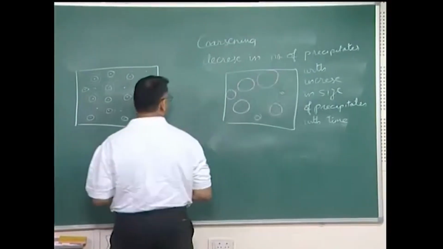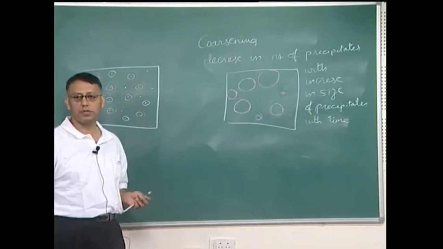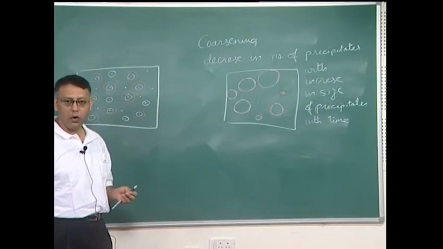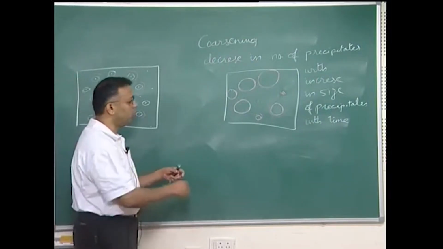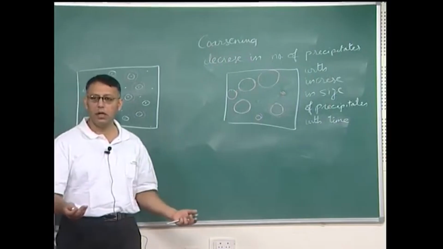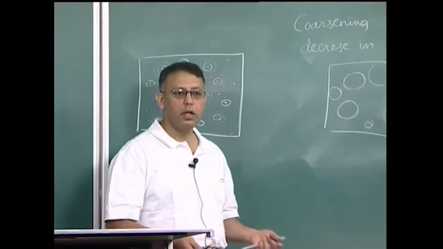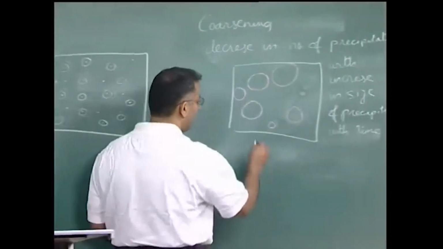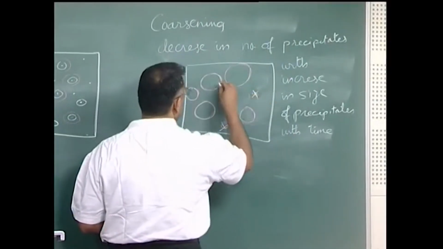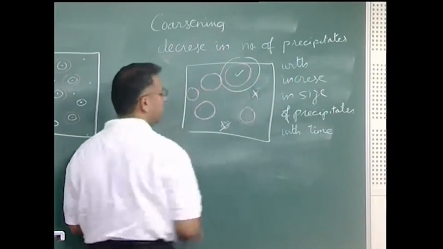Now, the question arises, why would such a process or how would such a process take place? It obviously implies that if all the precipitates increase in size, then there is no mass conservation, right. This implies that some of the smaller precipitates will have to decrease in size and vanish, and the larger ones will have to grow, right.